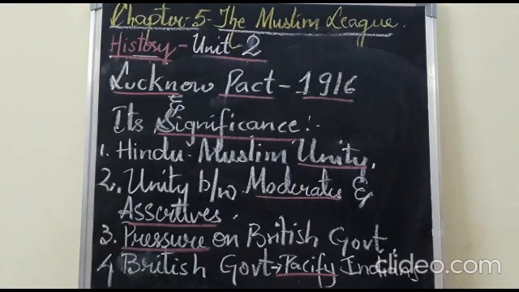The British government, therefore, felt it was necessary to pacify the Indians, and thereby they made a declaration on August 20th, 1917, and promised them a policy of gradual development of self-government institutions in India. So this was a real luck for the Indians while signing the Lucknow Pact of 1916.